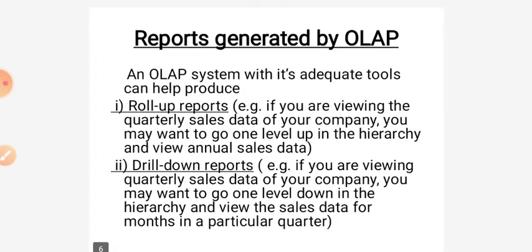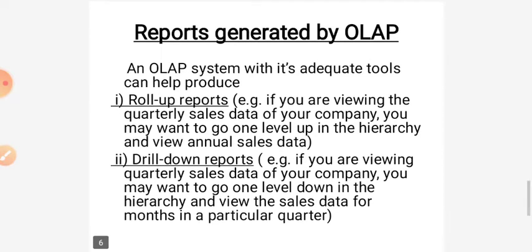We will study them one by one. So what are roll-up reports? Roll-up reports means, for example, if you are viewing the quarterly sales data of your company, you may want to go one level up in the hierarchy and view the annual sales data.